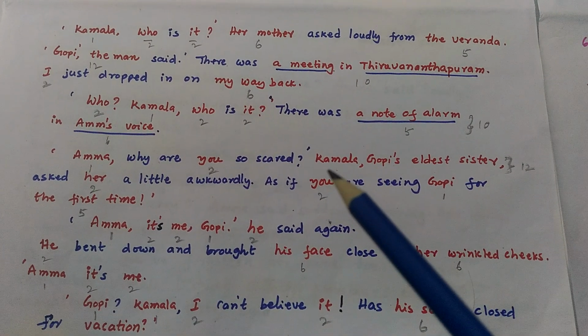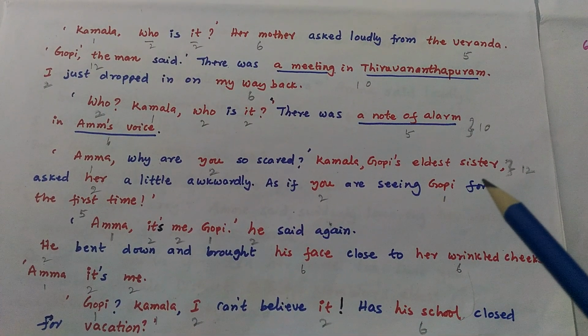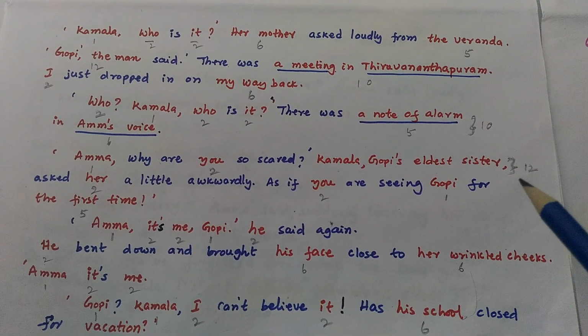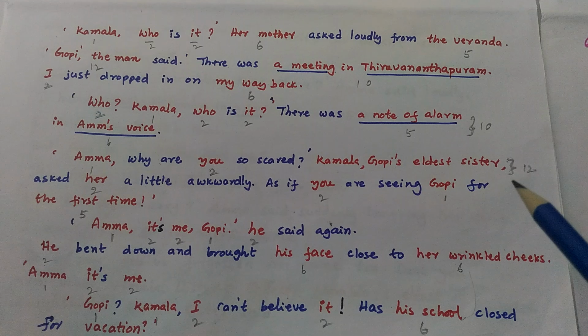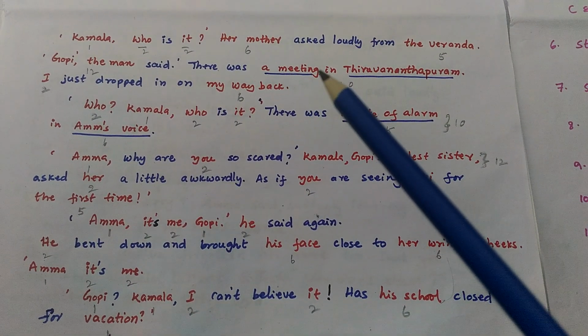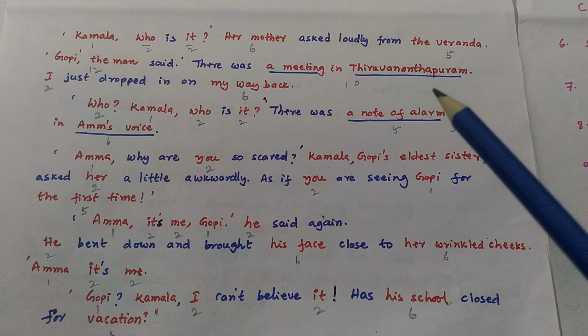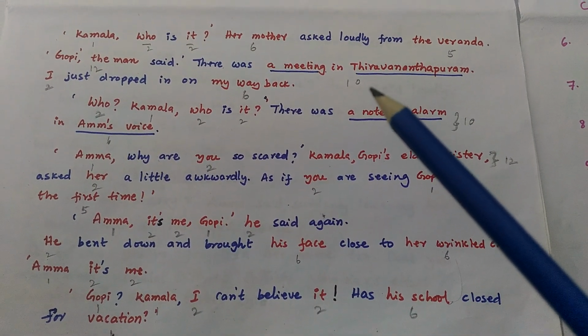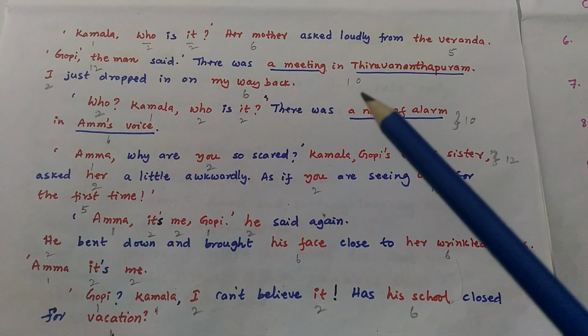Similarly, Kamala, the Gopi's elder sister, is a noun phrase. Its indicator is 12th, that is noun apposition. In this way, when we find the red ink marked phrases as noun phrases, we can also know the reason or cause by its indicator.